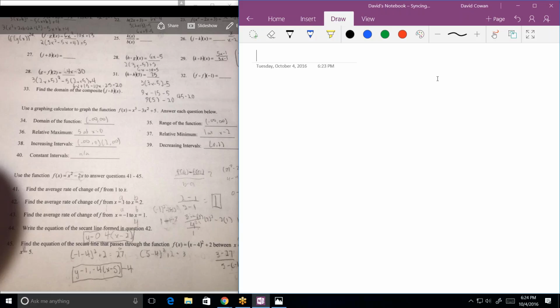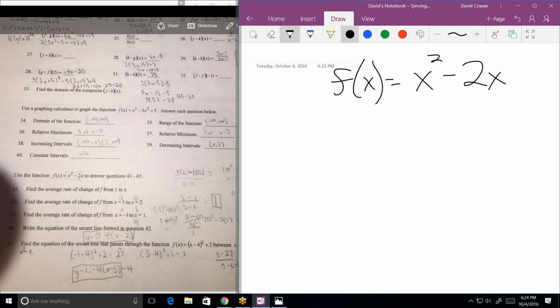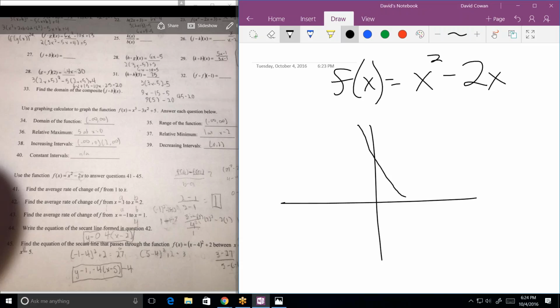Okay, so if our function is a quadratic like this, x squared minus 2x, average rate of change going from 1 to x, well, if I were to graph this thing, that's a parabola with a vertex on the x-axis.